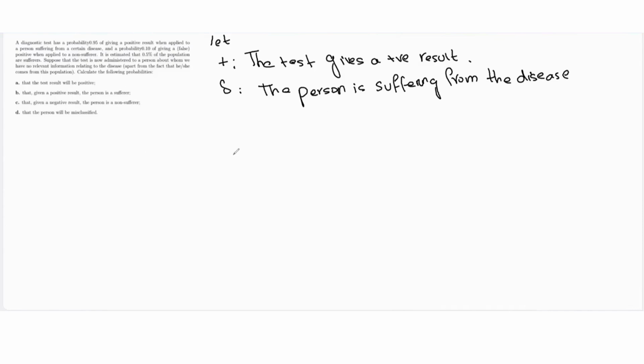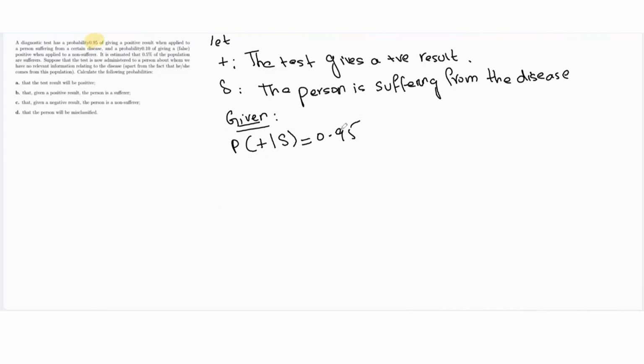And now let's define the probabilities that are given to us already in the question before we find the required probability. We're told a diagnostic test has a probability 0.95 of giving a positive result when applied to persons suffering from a certain disease. This is essentially the probability of positive given sufferer is 0.95, given to us over here.